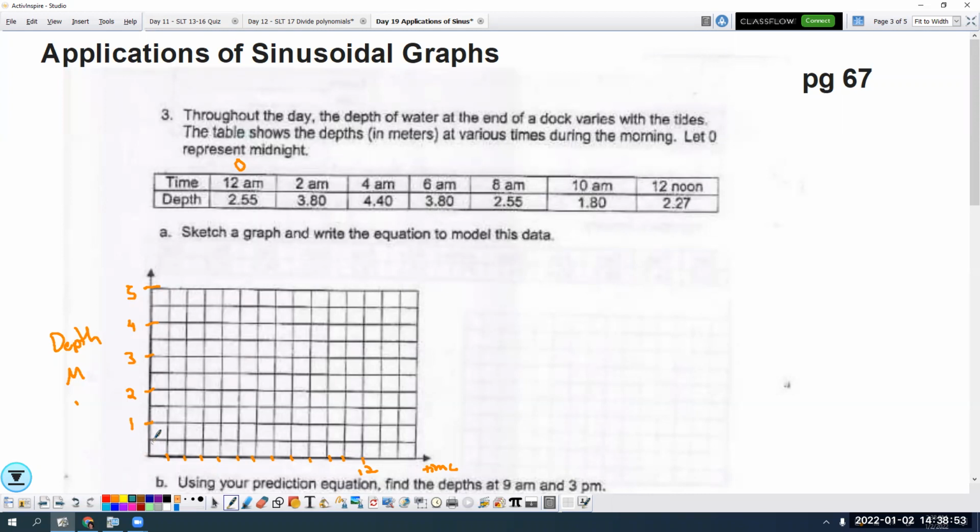I've got 0, about 2.5. 2 a.m. is about here. Your graph doesn't need to be perfectly perfect. 4 a.m. is about here. 6 a.m. is going to be back here. 8 a.m.